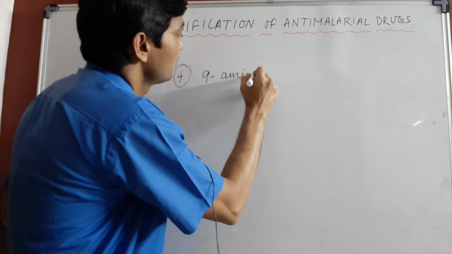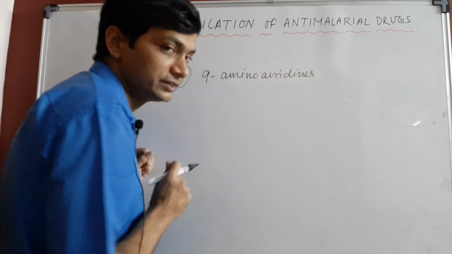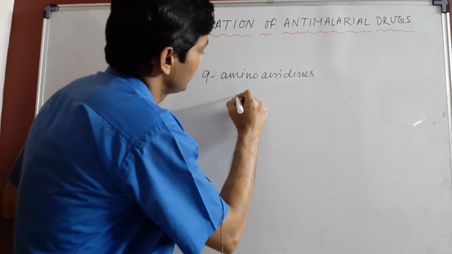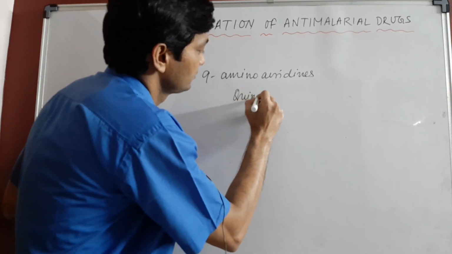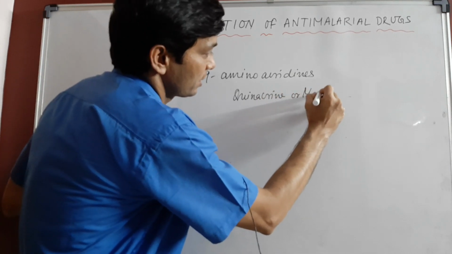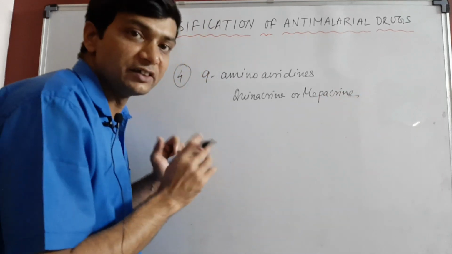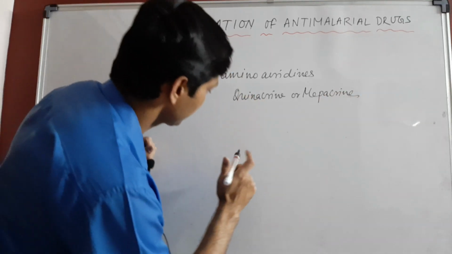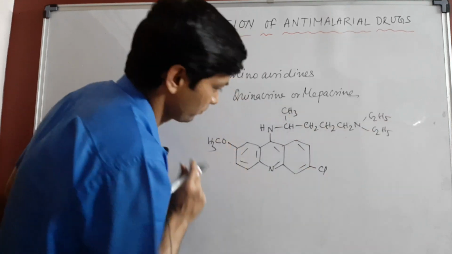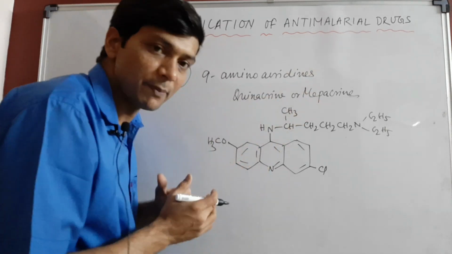The next important class of antimalarial agents is the 9-aminoacridines, and an example of this class of drugs is quinacrine or mepacrine. This is the general structure of quinacrine or mepacrine.